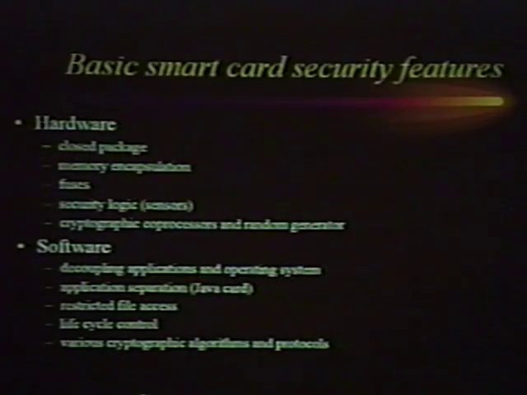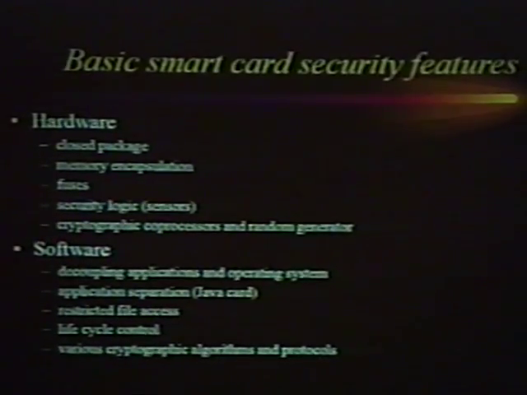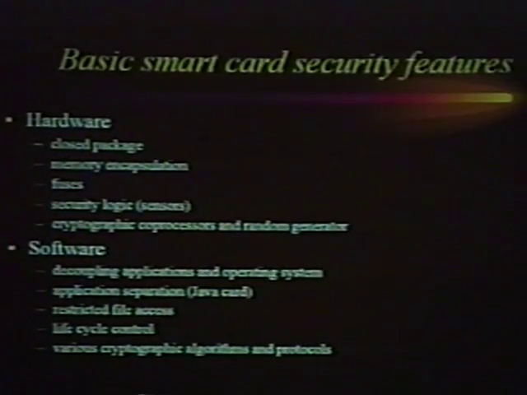So there are some basic smart card security features. I would say basic because most of the smart cards have these features. In terms of hardware, first of all, there's a closed package. There's just 1 chip that does it all, and we don't have a system with all kinds of connections, just 1 closed package. The memory is encapsulated. There is no direct access possible to the memory.